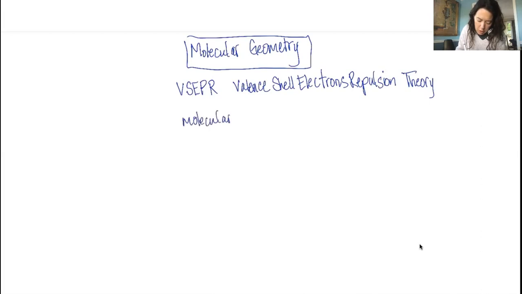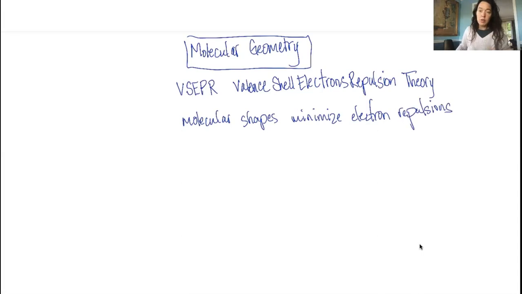Molecular shapes minimize electron repulsions. Remember, we're showing how bonds are shared; bonds are sharing electrons. There are other electrons around the atoms and they repel each other. So the shape that a molecule will take will be that shape that minimizes the electron repulsions.